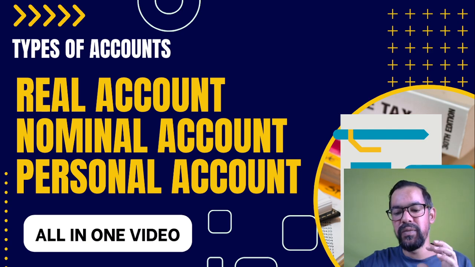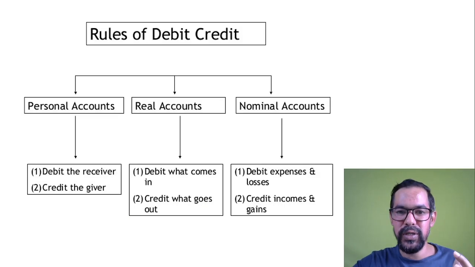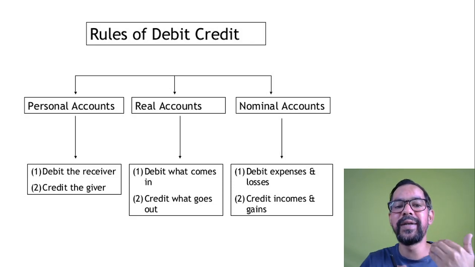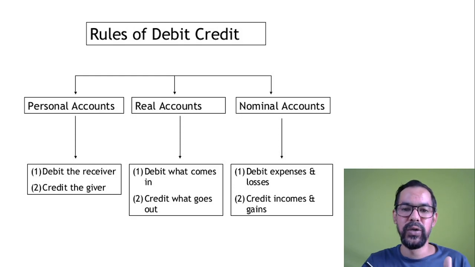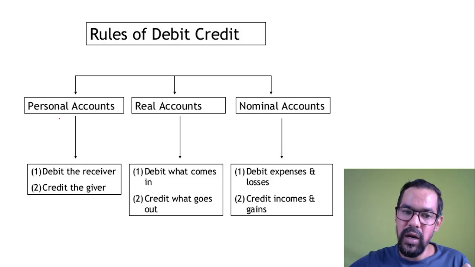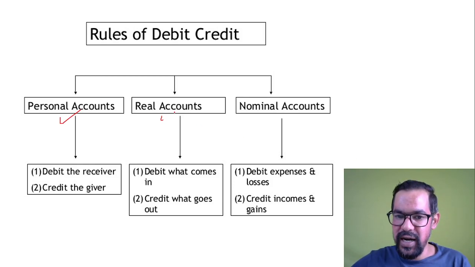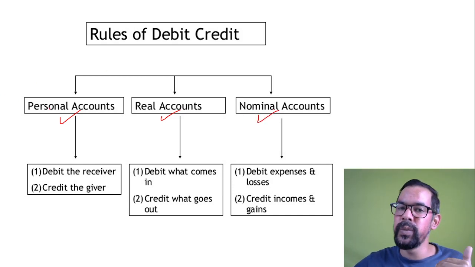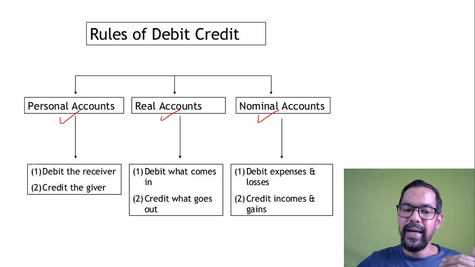Now we also discussed the golden rule. In this video, with the help of examples, we'll try to understand the golden rule of debit and credit and how to use it. For a personal account, I would suggest you make a chart, and this chart will help you while memorizing the debit credit rules. For personal account, the rule is debit the receiver and credit the giver.